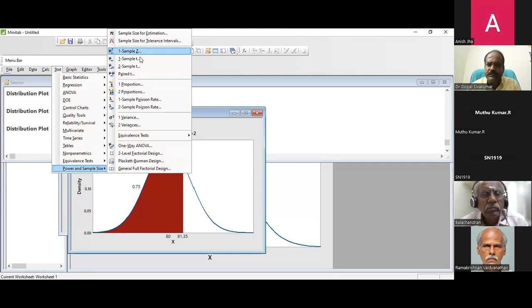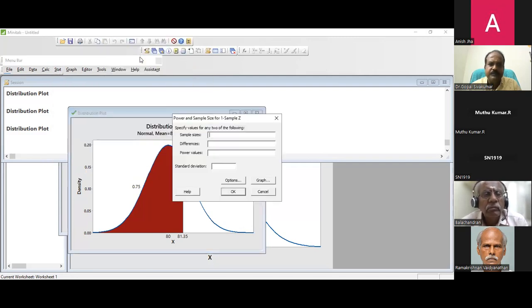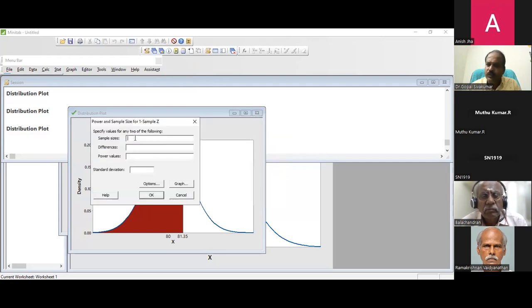Now they are talking about the scenario of a one sample Z-test. One sample. Now the sample size, I don't know. I will leave it blank. The difference in the mean is how much? 0.5. What is the power you want? 0.95. Then the standard deviation, how much is it given? 0.75.